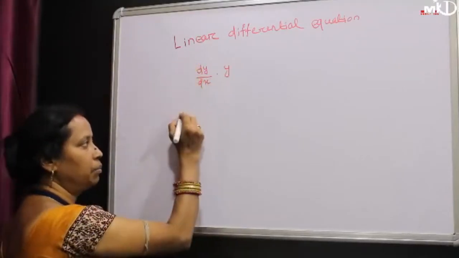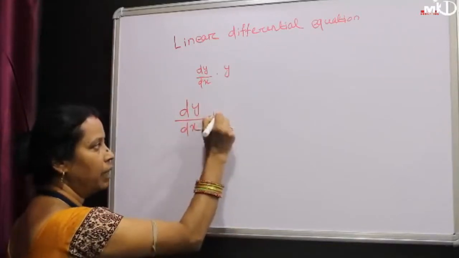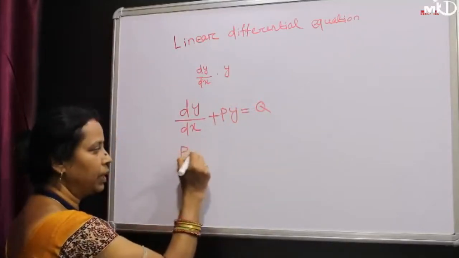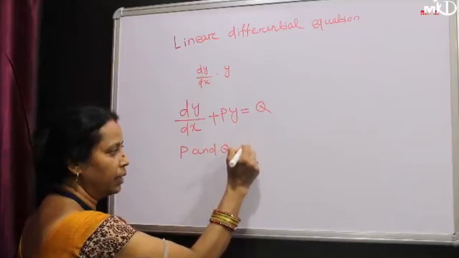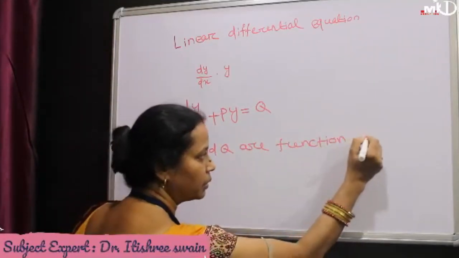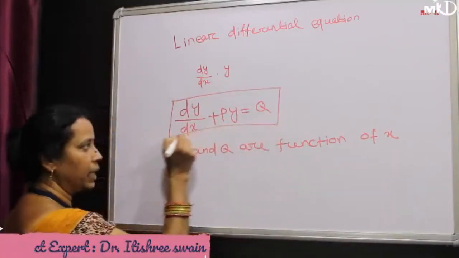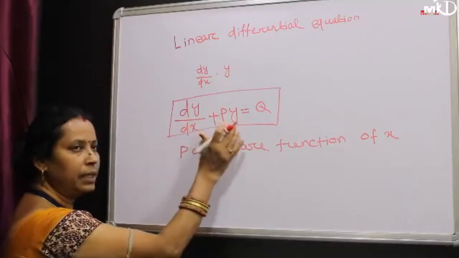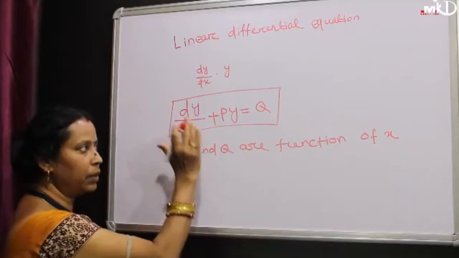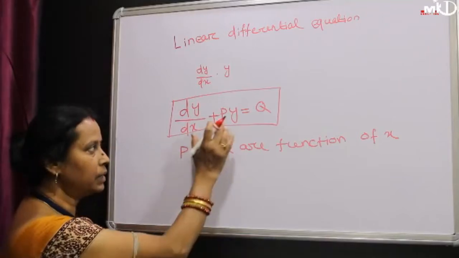So, the form of the linear differential equation is dy by dx plus py is equal to q, where p and q are any function of x.